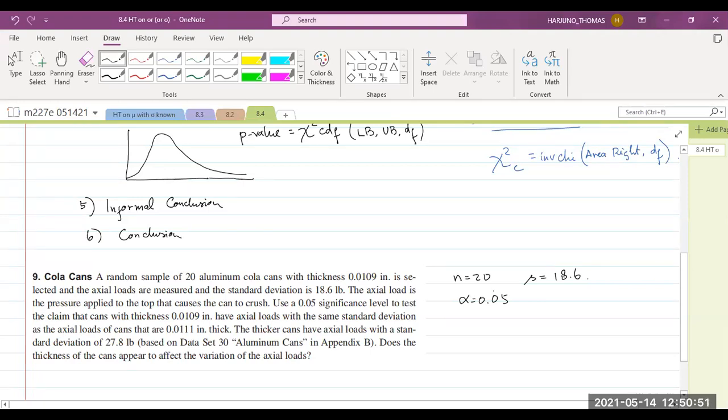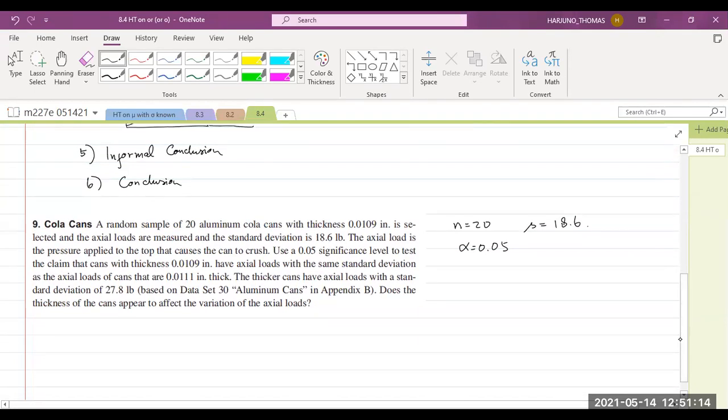The thicker cans have axial loads with standard deviation 27.8 pounds. Does the thickness of the cans appear to affect the variation of the axial loads?